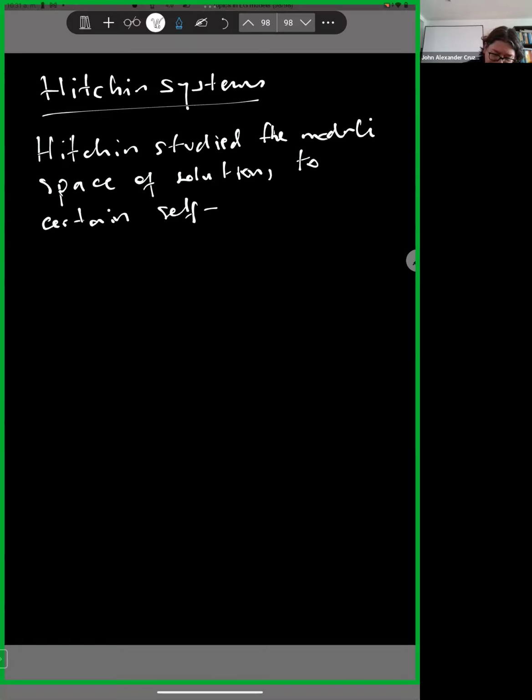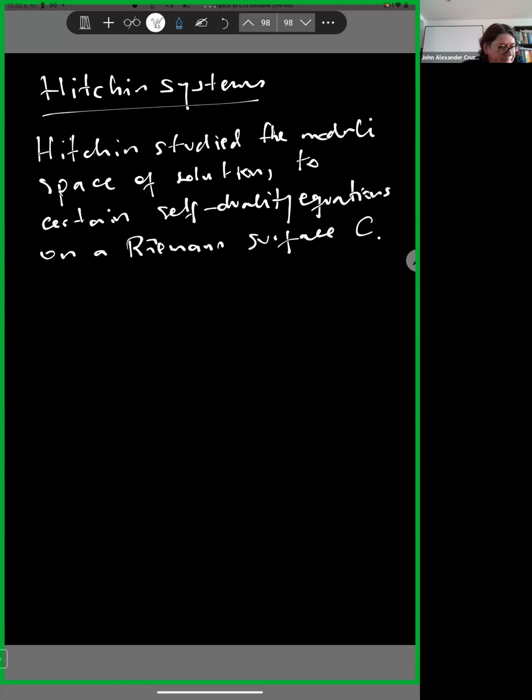the moduli space of solutions to certain self-duality equations on a Riemann surface C. That's it.